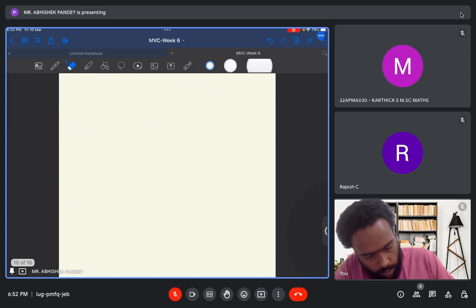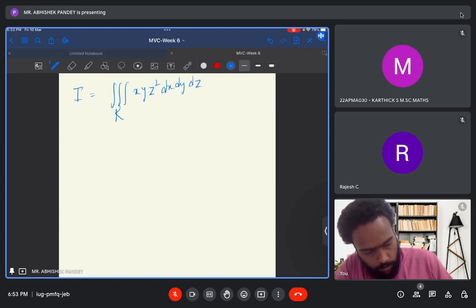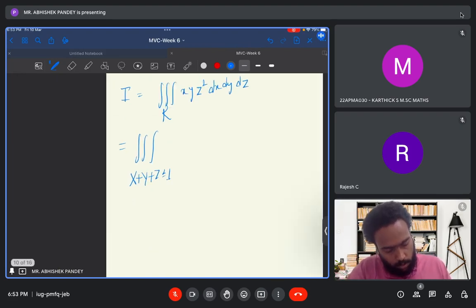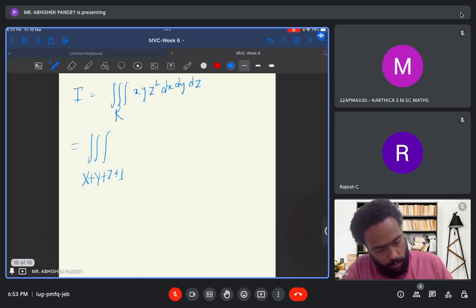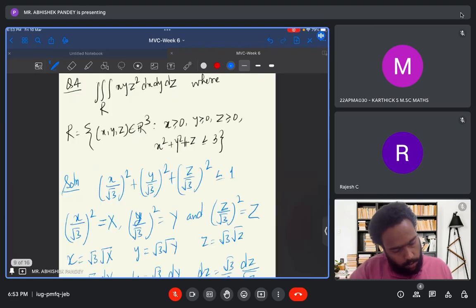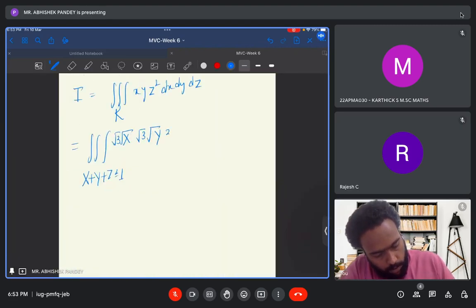So integral I is over region R x y z square dx dy dz. So this integral will become x plus y plus z is less than equals to 1. Now x y z square, what is your x? X is root over 3 into root over x, y is root over 3 into root over y, z is root over 3 into root over z, and z square will be 3 into z.